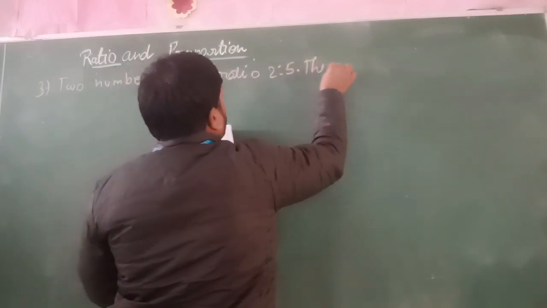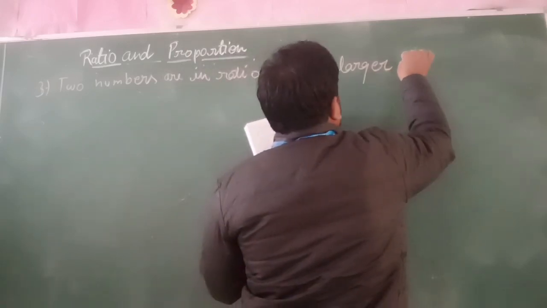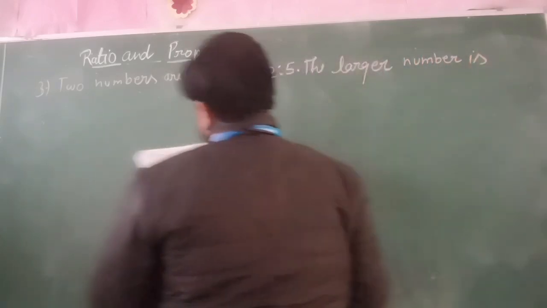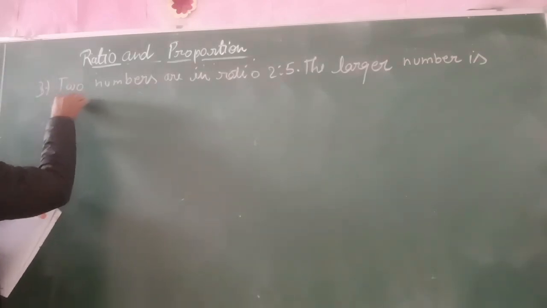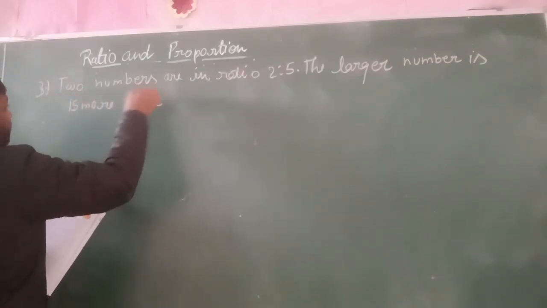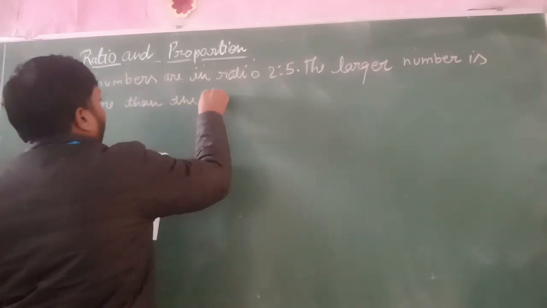The larger number is 15 more than the smaller number.